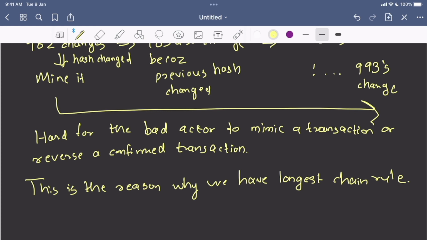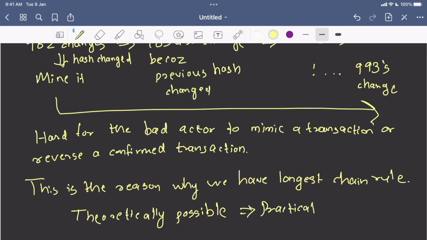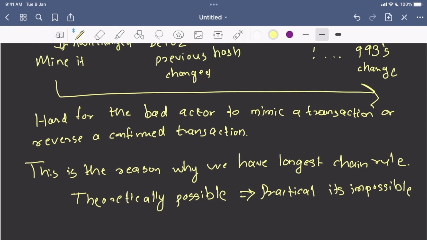So theoretically, even if it seems possible, practically it's impossible. Why?